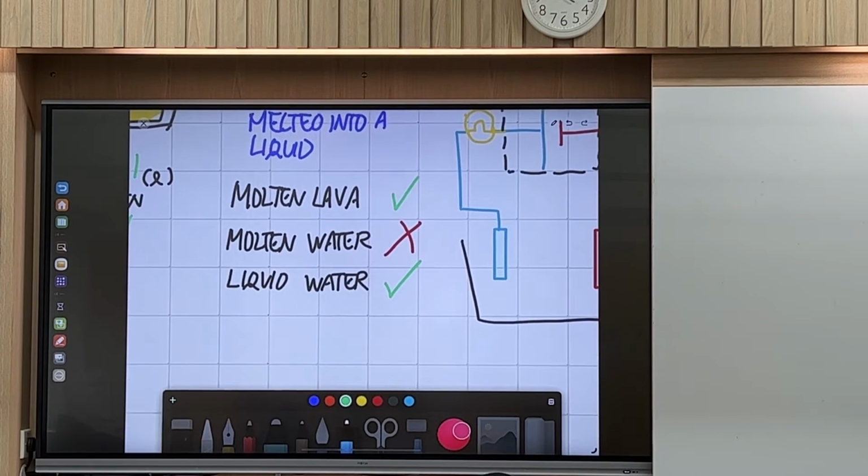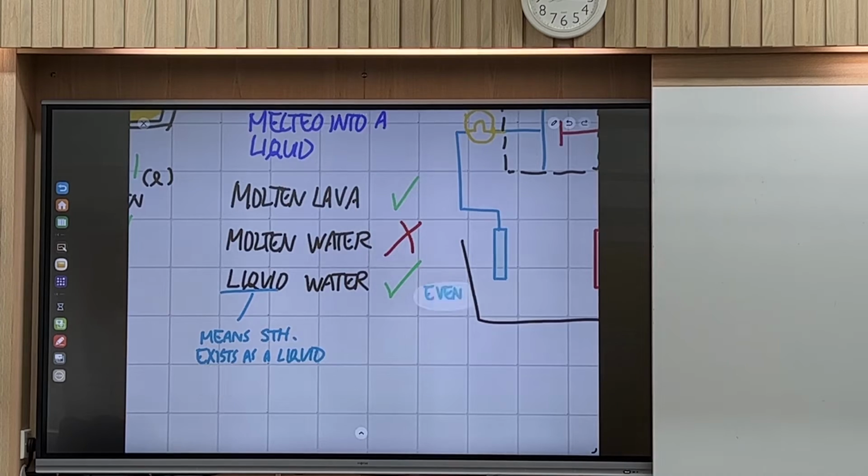Liquid means something exists as a liquid. Mercury is a liquid. You don't say molten mercury either, because at room temperature, even without heating, it exists as a liquid. So liquid means something exists as a liquid with or without heating.